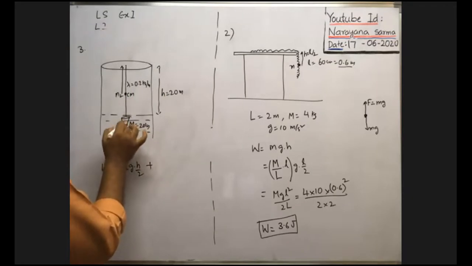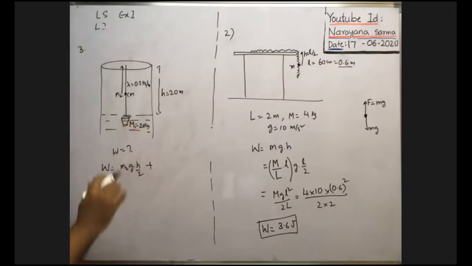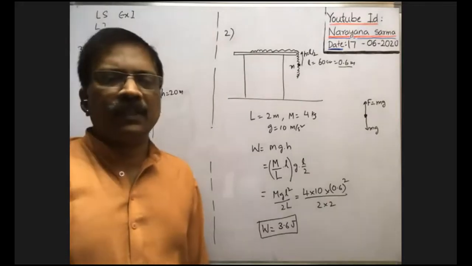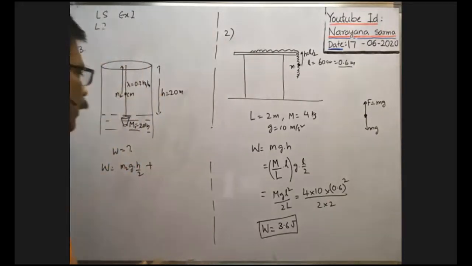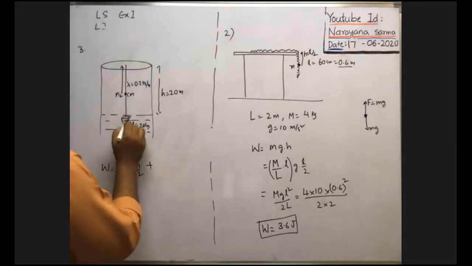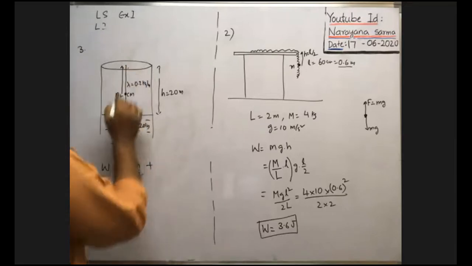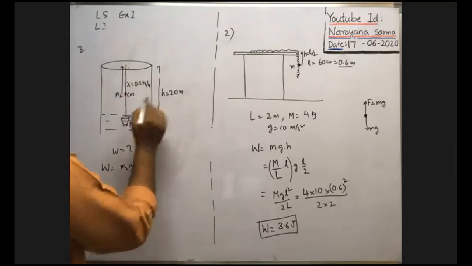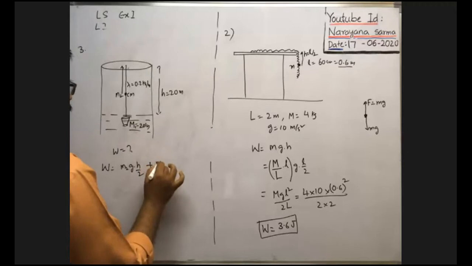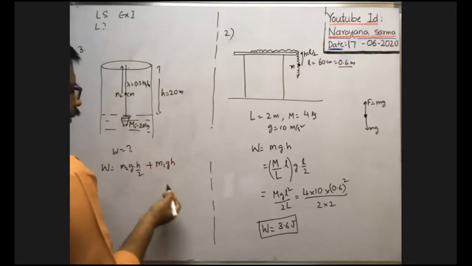That's why the bucket can be treated as a point mass. To lift the bucket to the top of the well, it is to be lifted to a height equal to h. That's why the work is mass of the bucket M1 into g into height h.